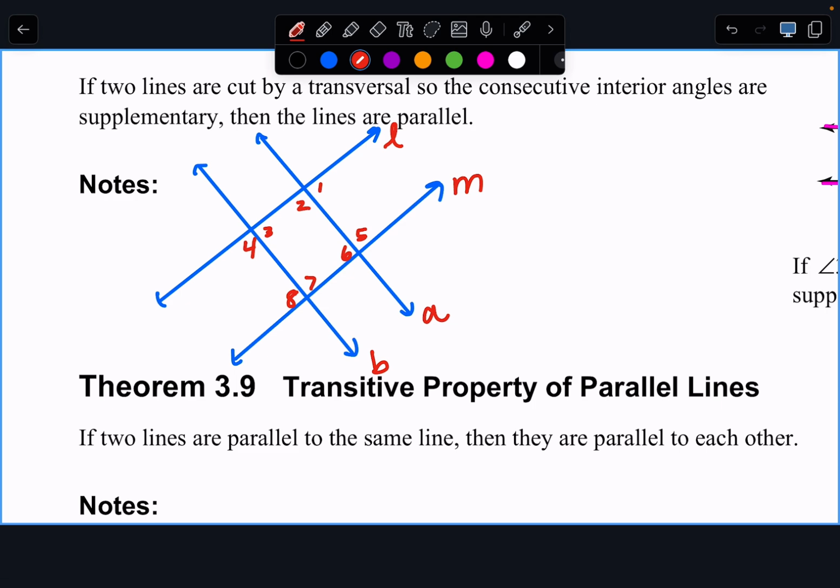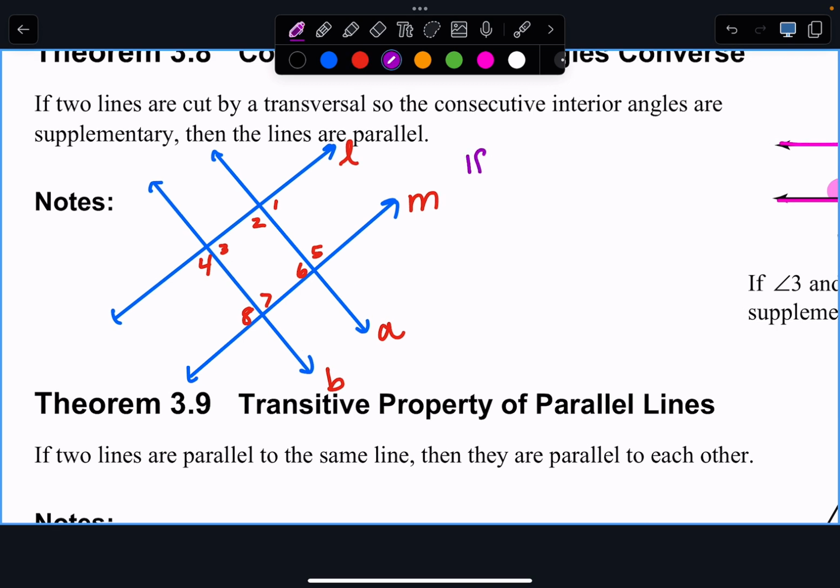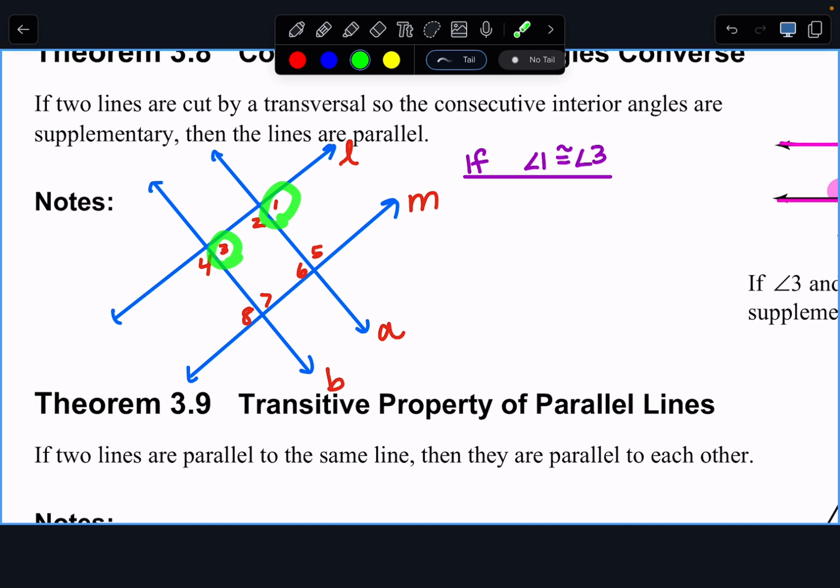Okay. So if I were to say that angle 1 is congruent to angle 3, let's just say I say that. If angle 1 is congruent to angle 3, so here is angle 1, here's angle 3. What does that mean? But let's be careful with our words there, Ollie.